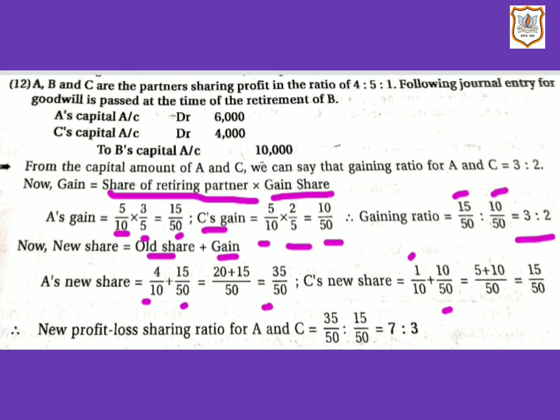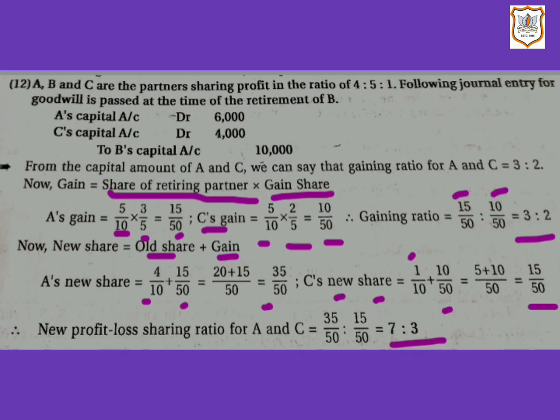If we solve it, we will get 15/50 as C's new share. Therefore, the new profit and loss sharing ratio for A and C is equal to 35/50 is to 15/50. If we bring it to simple figures by cancelling the common factor 5, we will get 7:3. So here our new profit and loss sharing ratio for A and C is equal to 7:3.